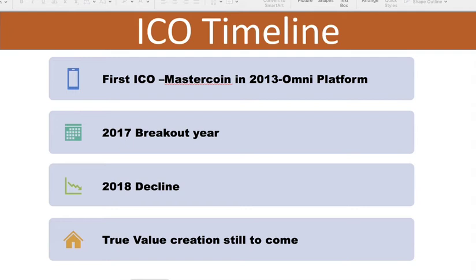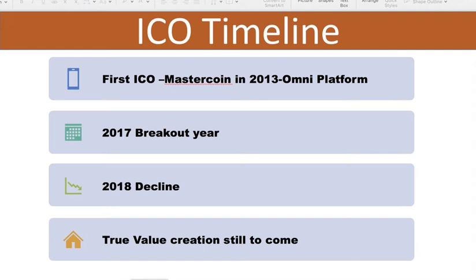ICOs continue to evolve with market conditions. As such, participants should be aware of many variations in terms of underlying economic structure of projects. There has been a significant downturn in the amount of funds raised by ICOs in the latter part of 2018. It is important to remember, however, that by participating in an ICO, you are mostly participating as a future customer of a particular product or service.